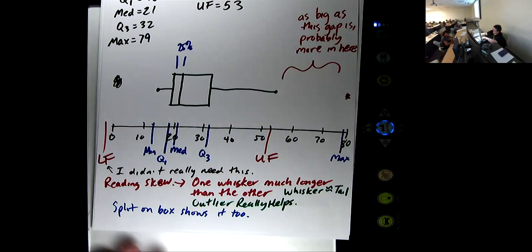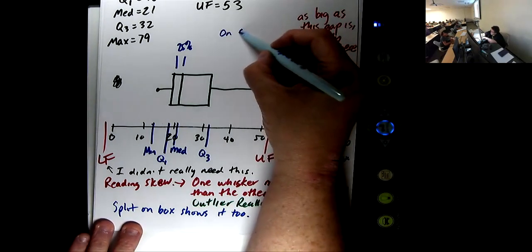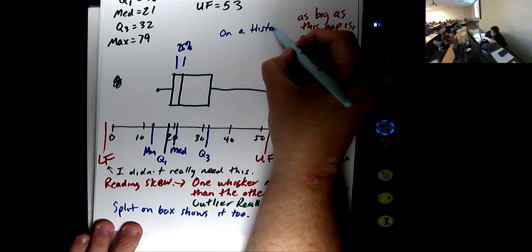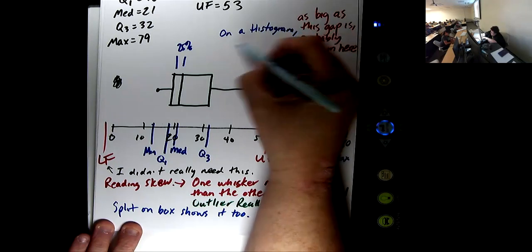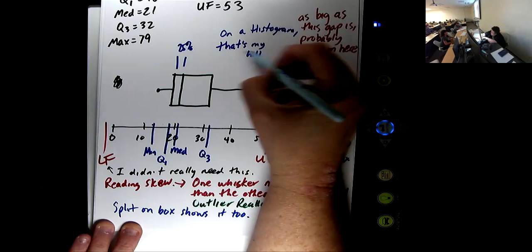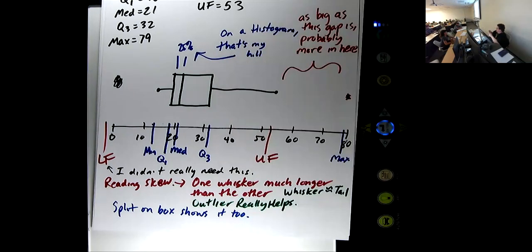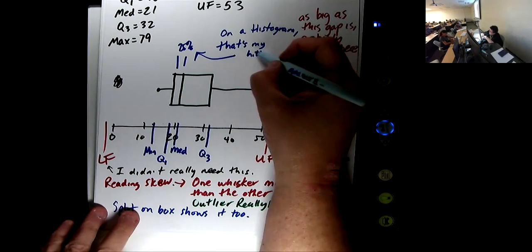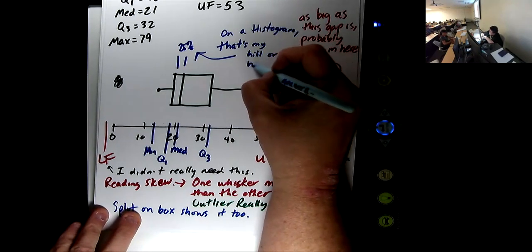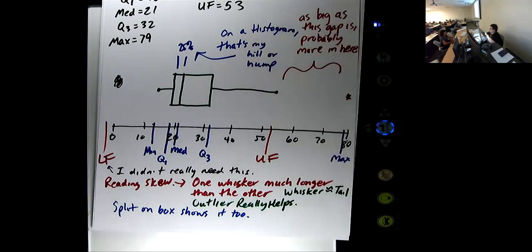So on a histogram, that's my hill. All the data is centered in a tiny little area. Or my hump. I've been using the word hump. Like a camel. You know what tomorrow is, right? Oh, Hump day!